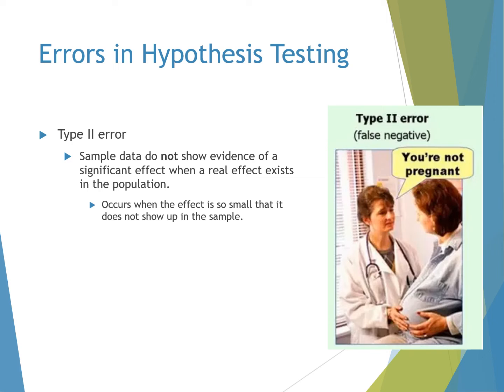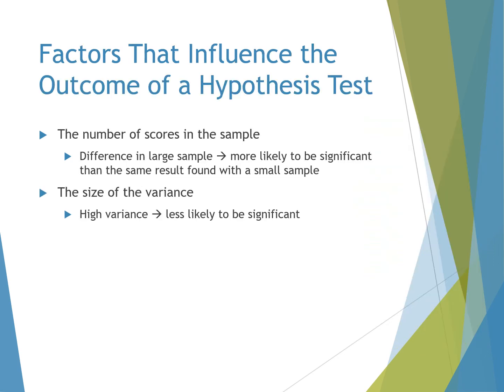This is most likely because there's a really small effect. The difference between the groups is really small, and we assume it's due to chance. This is type 2 error, or a false negative. We conclude that there's no difference, but really there is. This is a doctor checking out a pregnant woman and saying, you're not pregnant. There's actually something happening there, but we concluded there was nothing.